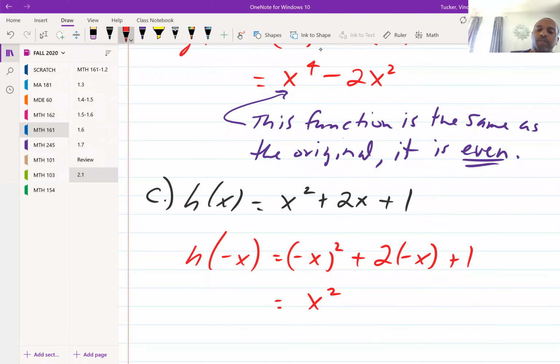Negative x squared cancels out the negative, but then here, that's going to be a minus 2x. So we got x squared minus 2x plus 1.